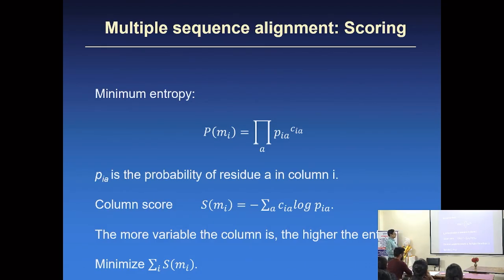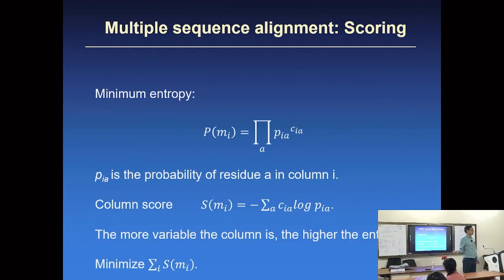This is akin to entropy. If it is 100% conservation, then it is a completely ordered system and entropy is 0. As entropy increases, it indicates there is more disorder. Here it indicates that the multiple alignment has more changes or mutations, more variabilities.